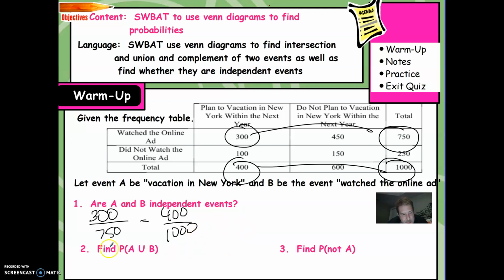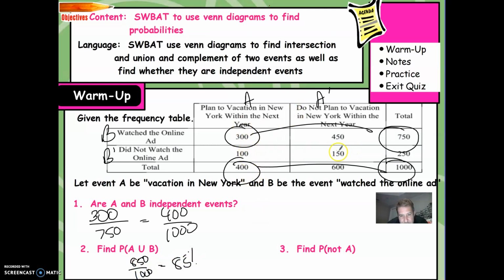That's a yes. Find the probability of A or B happening. So I'm going to assume this is A prime, B prime. Find the probability of both, or union, the probability of A or B happening. If A is this, so these 3 plus 1 makes 400, plus these 450 makes 850 out of 1,000, which is 85%.